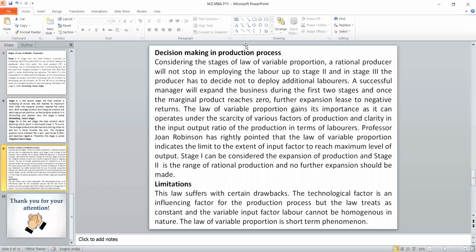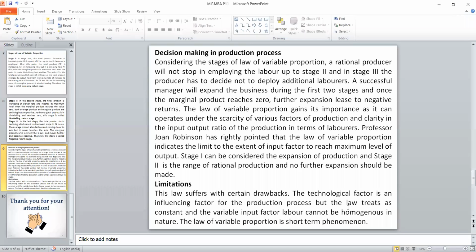In the second stage, he can expand the method, or he can apply new strategies. All these things he can take in the second stage. Why? Because it is increasing, but it is a decreasing stage.